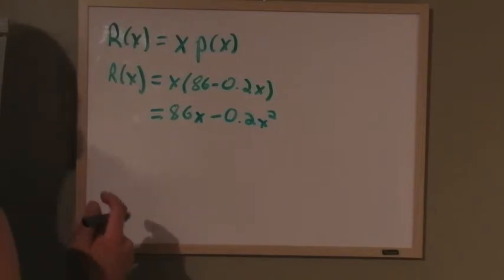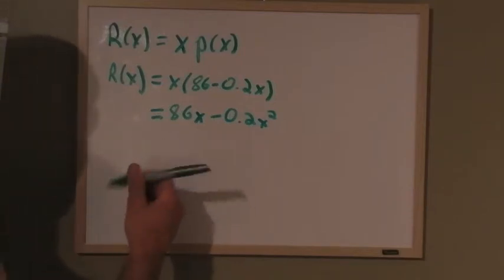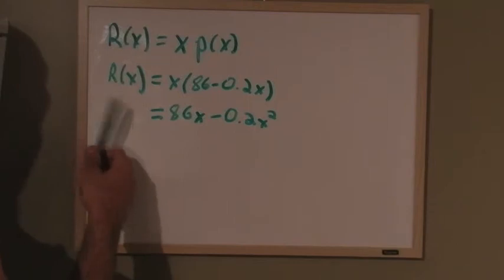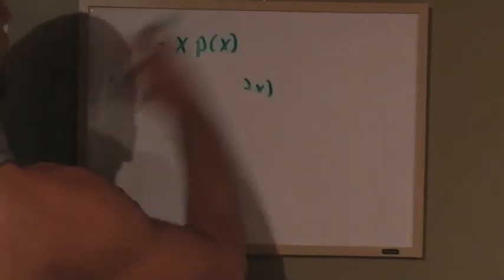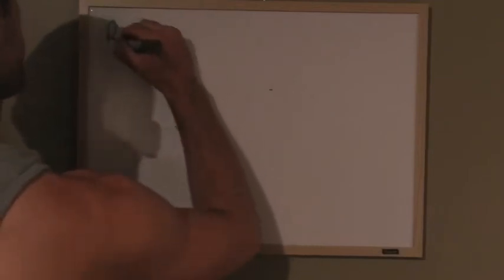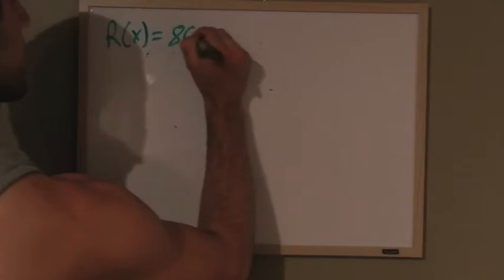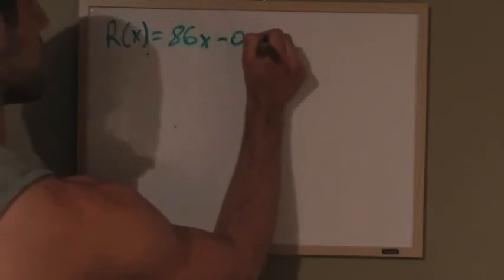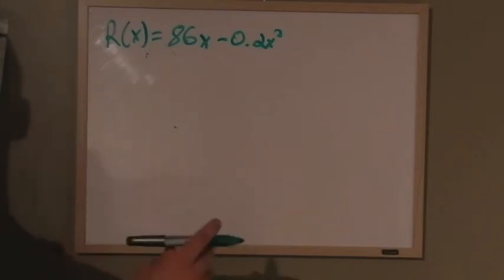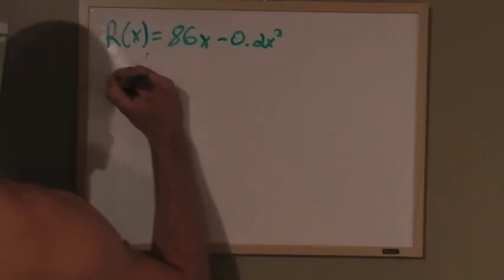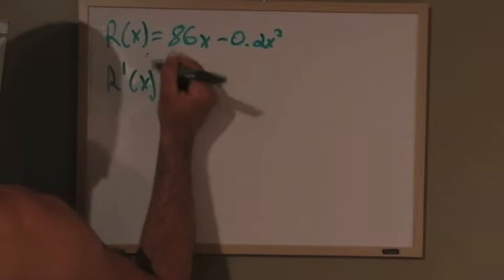Now, to find our marginal revenue function, we find the derivative of the revenue function. So revenue is 86x minus 0.2x squared. That's our revenue. Now, our marginal revenue is the derivative.